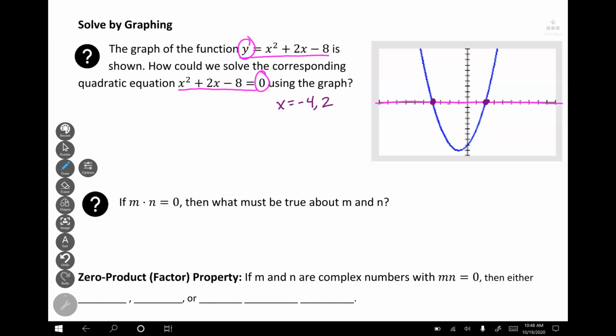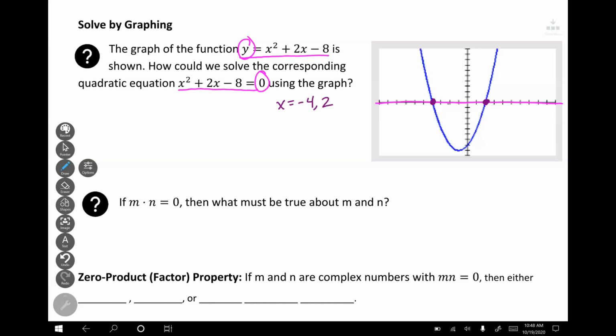Just to summarize that, if you're looking at a graph, then the solutions are going to be where the parabola, that shape a quadratic makes when you graph it, crosses the x-axis.